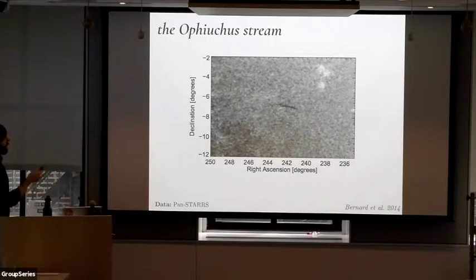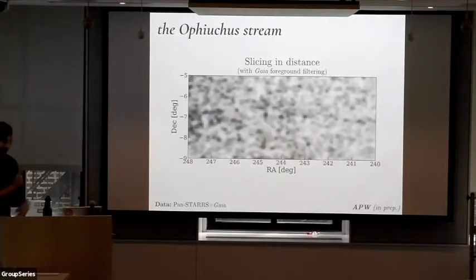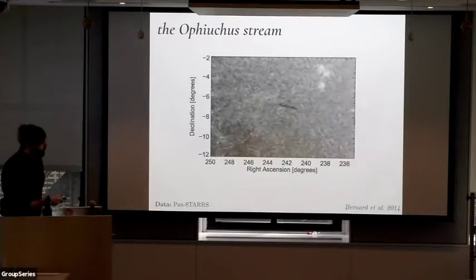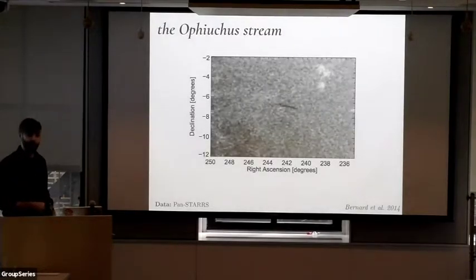So this is the stream as it was discovered in Pan-STARRS. There's no stream here yet, but I'm going to show you how you can do slightly better in selecting stars if you include Gaia data, cross-matching between Gaia and Pan-STARRS. So first of all, the few of you who are astronomers will notice that these values of these 2 numbers mean that this stream is actually somewhat close to the galactic center.